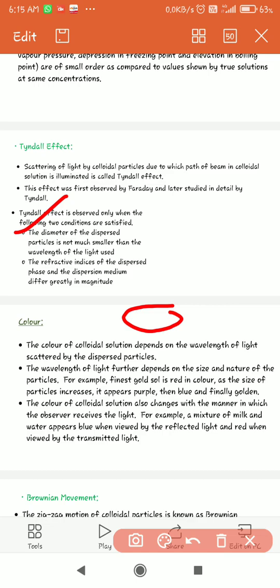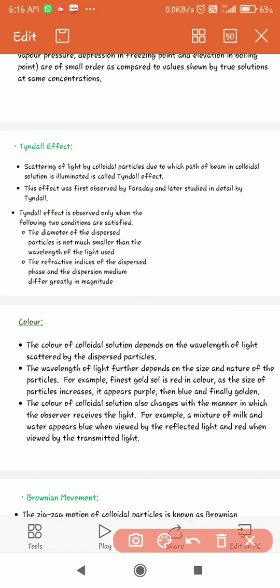The second condition is that the refractive indices of the dispersed phase and the dispersed medium differ greatly in magnitude. These two conditions must be satisfied for the particles to exhibit the Tyndall effect.